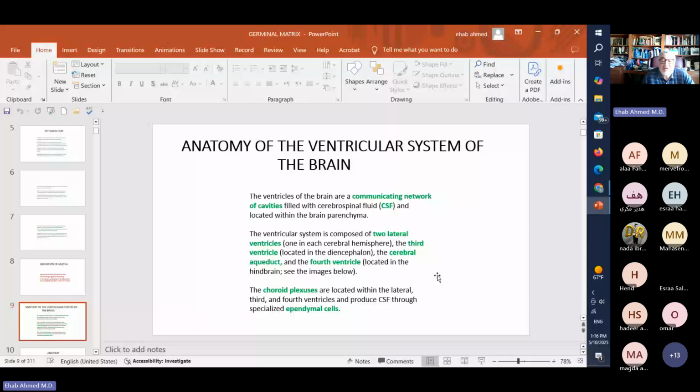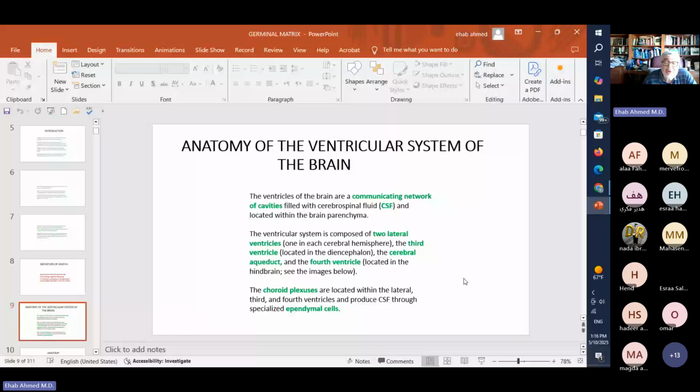So just a few brief ideas about the anatomy of the ventricular system, because this will help us understand what happens in GM-IVH and how complications happen. The ventricles are a communicating network of cavities into which the CSF circulates.